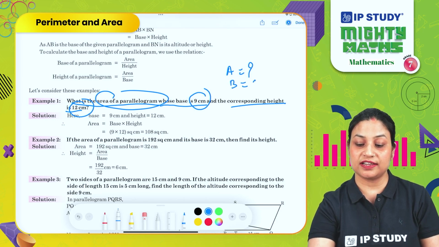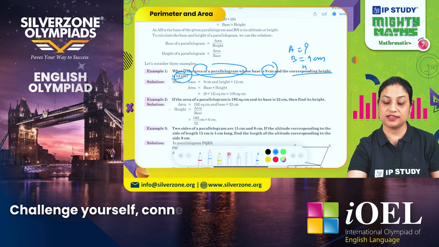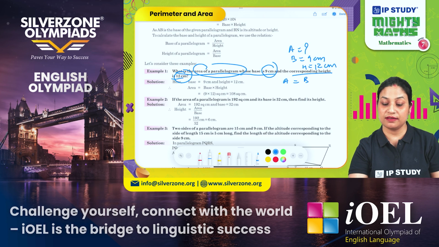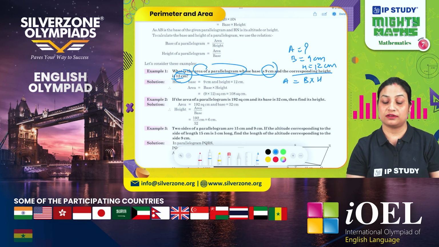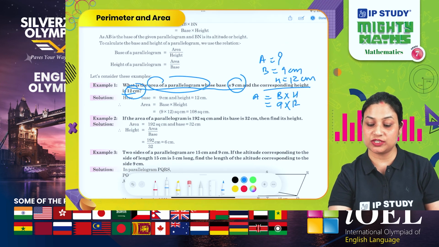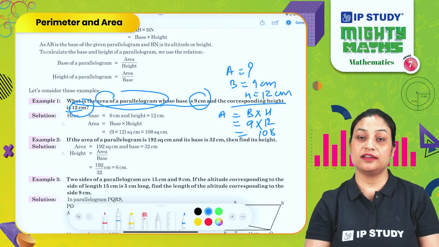Base is given, that is 9 centimeter, right? And height is given to you, that is 12 centimeter. So what is my formula? Formula is A equals B into H, right? So put the values over here. What is base? 9. What is height? 12. So what you will get? 108. Then this is my area.